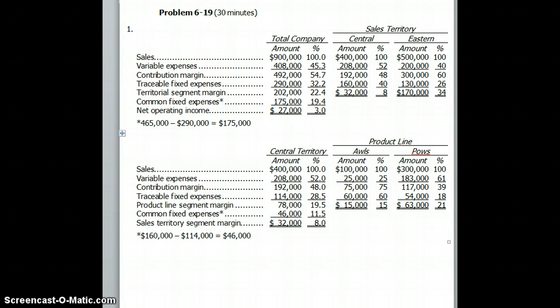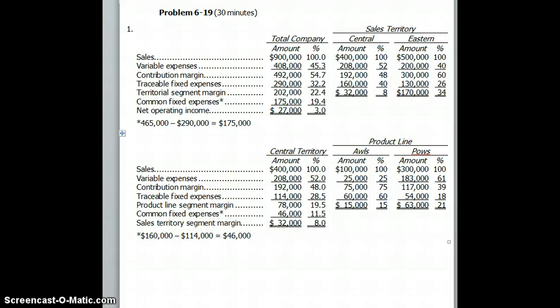And then they also tell us that the remaining sales and variable costs relate to the Eastern Territory. They give us fixed costs for each of the territories, $160,000 for the Central and $130,000 for the Eastern. They tell us that any remaining fixed costs are common to both territories.